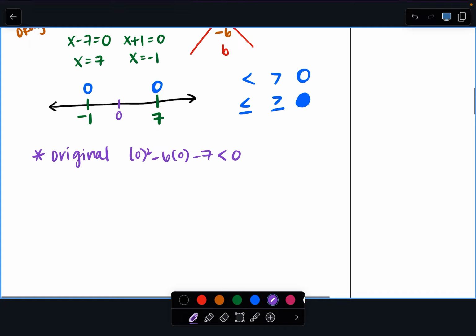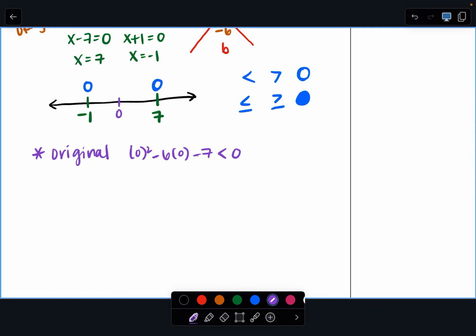All I did was take x equals 0 and plug it into the original problem. 0 squared cancels out. 6 times 0 cancels out. And I get -7 less than 0. Is that true or is that false? True. You always want to be where your equation is true.